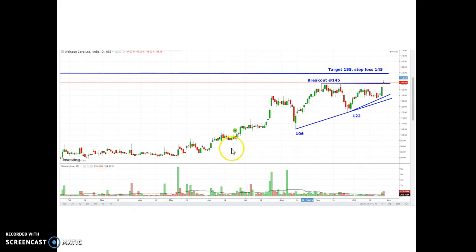The stock has moved in the range, given a breakout and moved in the upward direction. Again, in the demand and supply analysis, the demand exists at 106 and 122 and the resistance at 145. Currently, the stock has given a breakout, so I am considering this as another support level or demand level. So this is about the stock price analysis of the Nifty metal stocks, four stocks on which I am bullish.